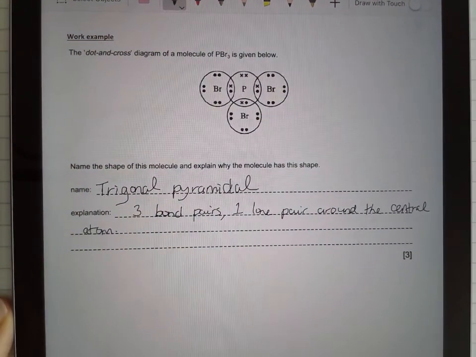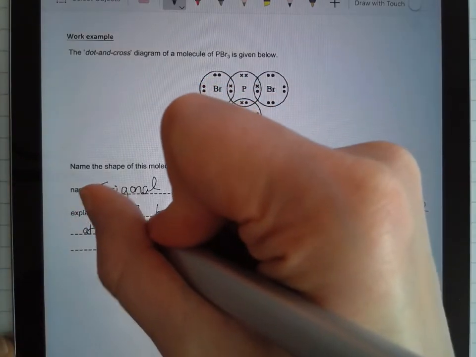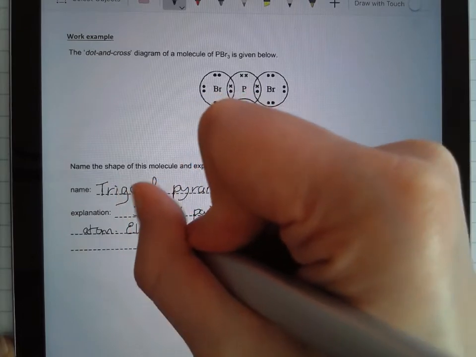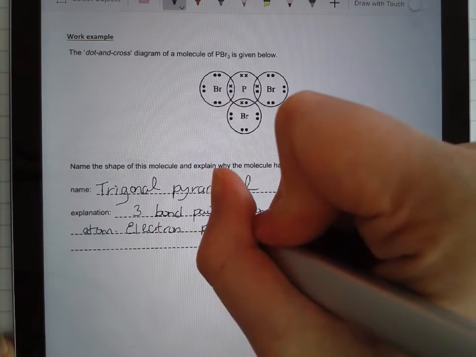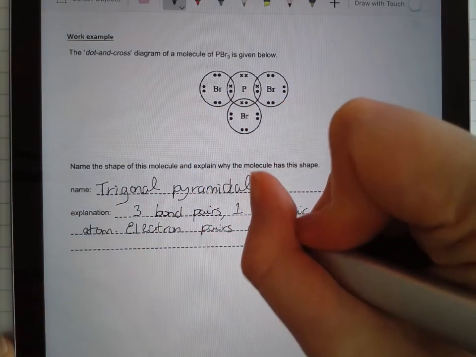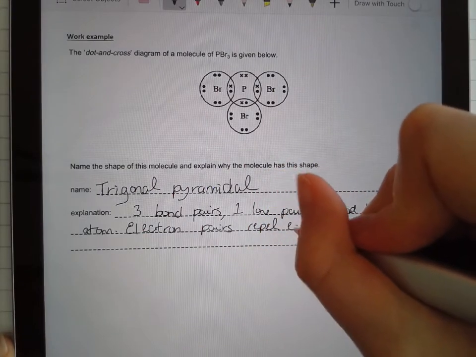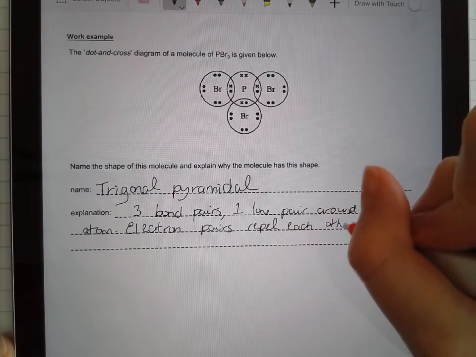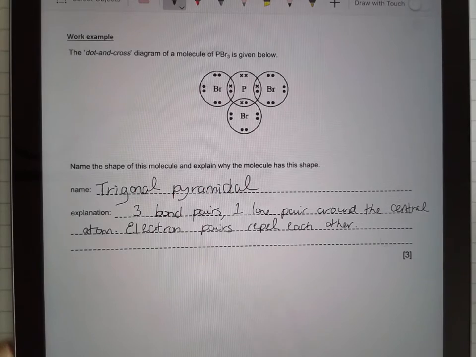The second part of your explanation is going to be that pairs of electrons repel each other. Okay, so I'm going to write electron pairs repel each other. Now this mark they are really specific on. If you say electrons repel each other, you don't get the mark. It has to be electron pairs.